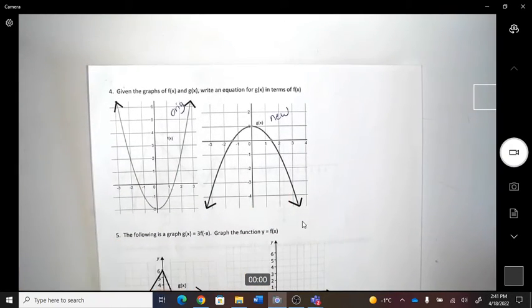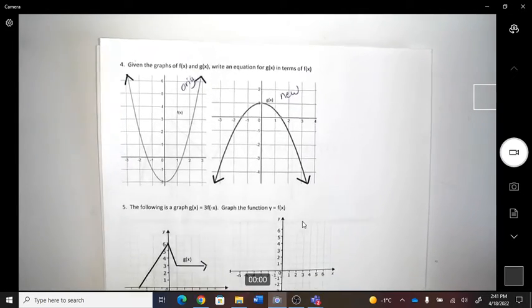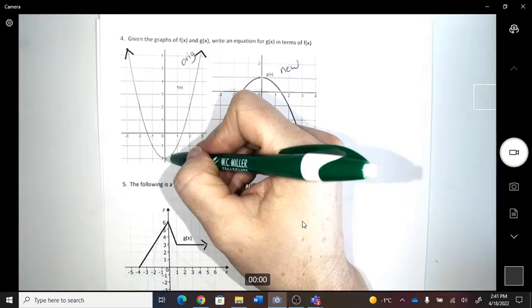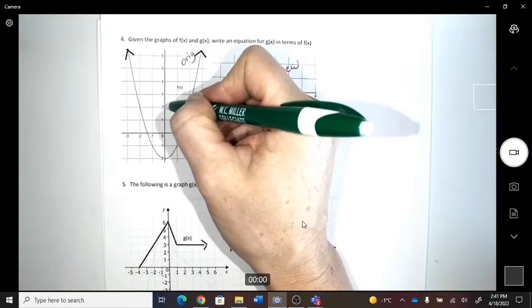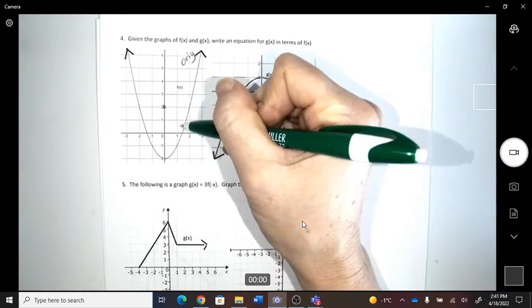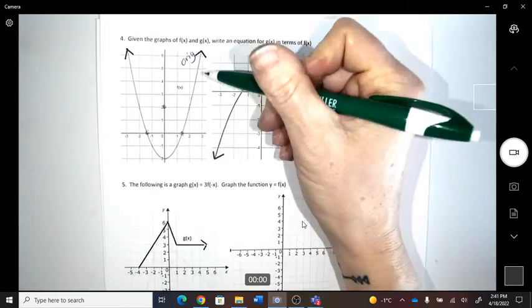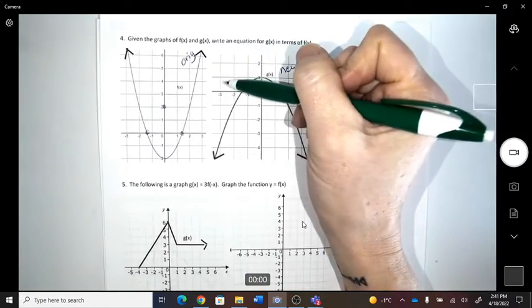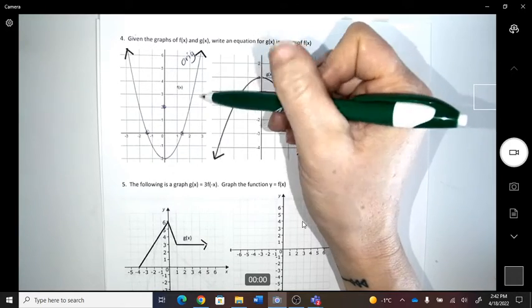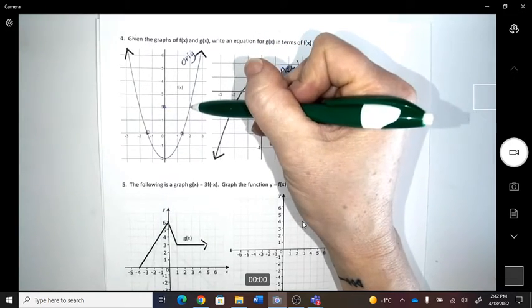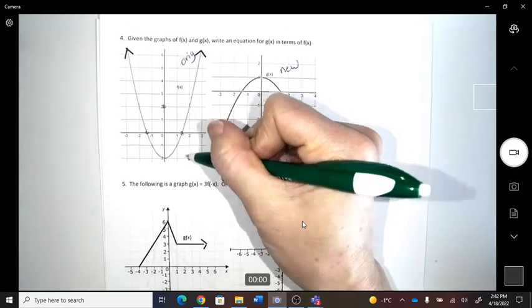Give me one thing that first jumps out at you. It reflects. So I'm going to actually reflect it. Ready? This coordinate will go up. This would stay. This would stay. I got to pick another coordinate here. Oh, 2, 2 will now go down there.